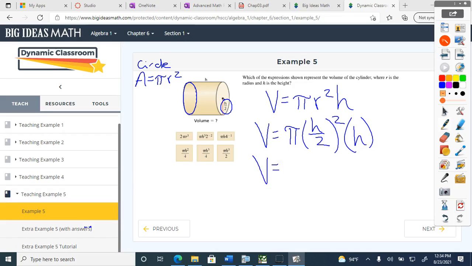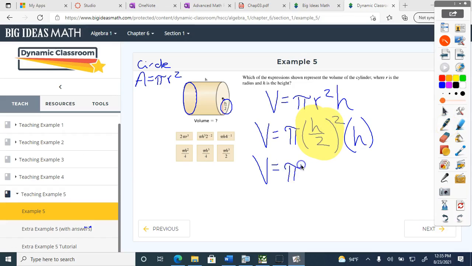Our order of operations, please excuse my dear Aunt Sally, right? Please is parentheses. E is exponent. So I'm going to do this part right here first. I'm going to do that part first.